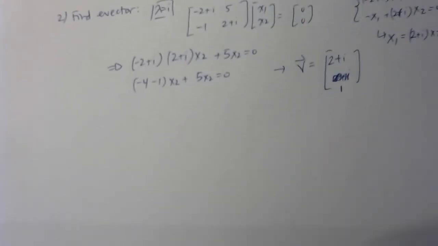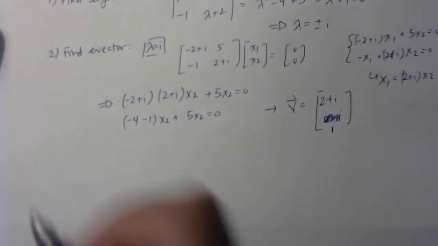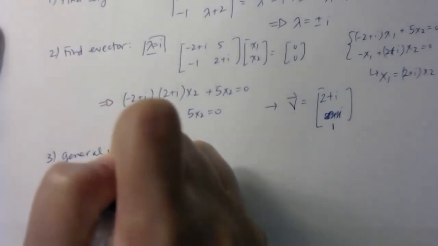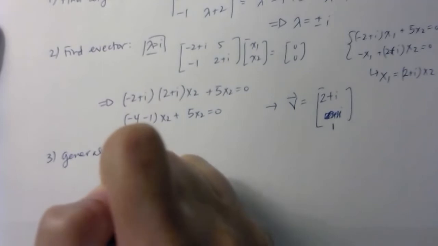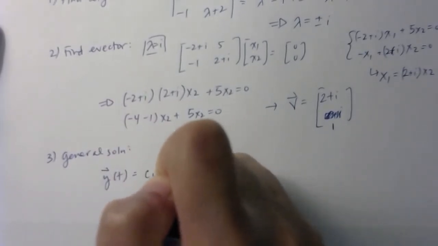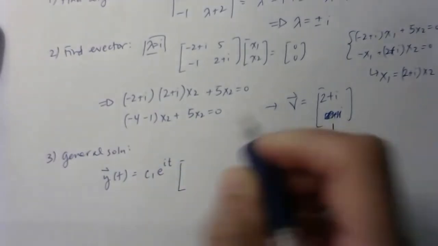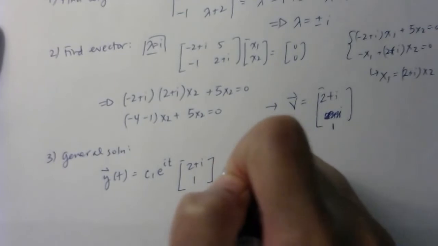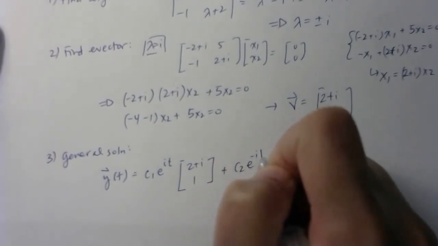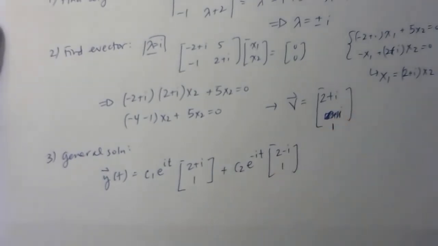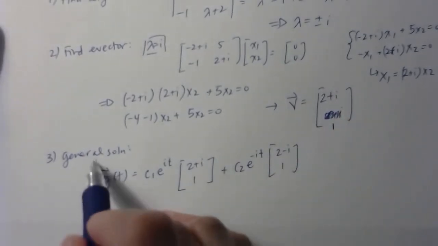Okay, so what does that mean the solution looks like? General solution. So y is going to be c1 e to the it times this eigenvector plus c2 e to the minus it times its complex conjugate. Here we go.